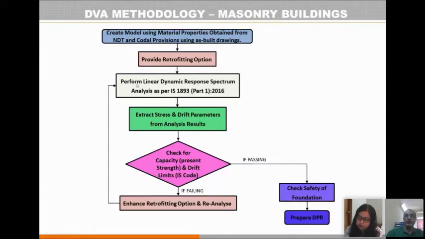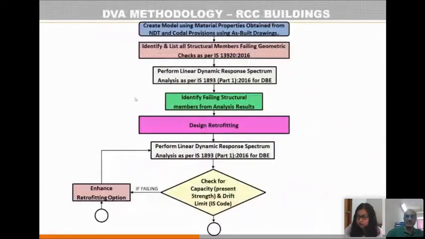Based on that, perform the linear dynamic analysis if it is a masonry building, and non-linear dynamic analysis if it is an RCC frame building. After that, you have to carry out all the usual checks I have discussed, and ensure that the structure, at the global level as well as the element level, is complying with the provisions laid down in different sections of the code. So this is the same.